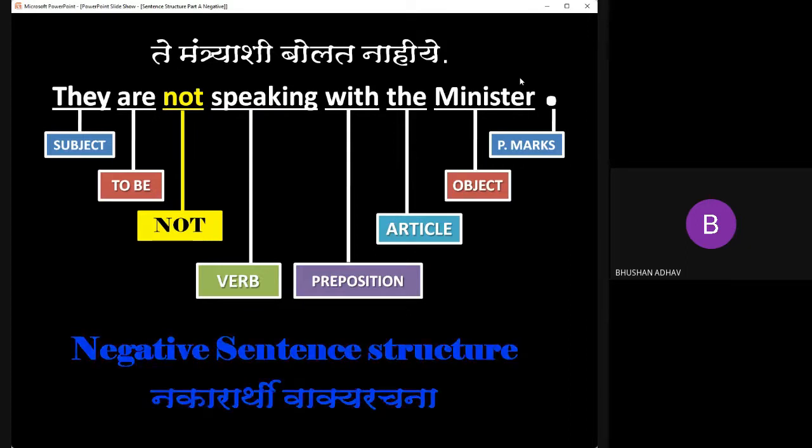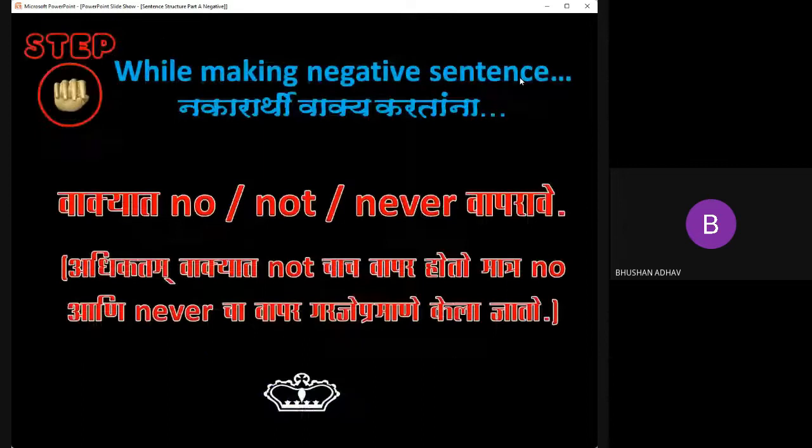So the negative structure. Let us see exactly what we need to do to make a negative sentence from the affirmative structure. First, while making the negative sentence, you have to use no, not, and never.